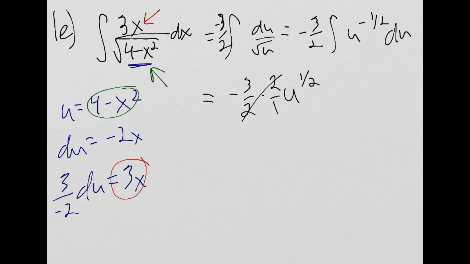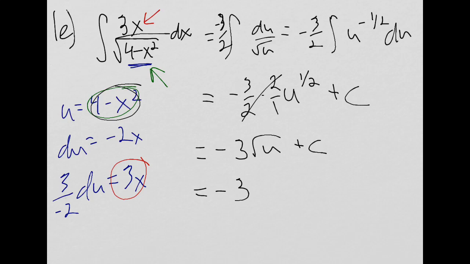These two are going to cancel. Write my plus c. That gives me minus 3 root u plus c. I'm going to sub that u back in: minus 3 root of 4 minus x squared plus c.